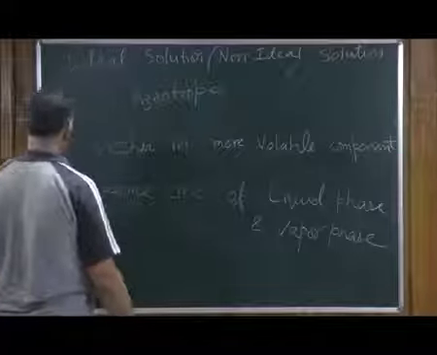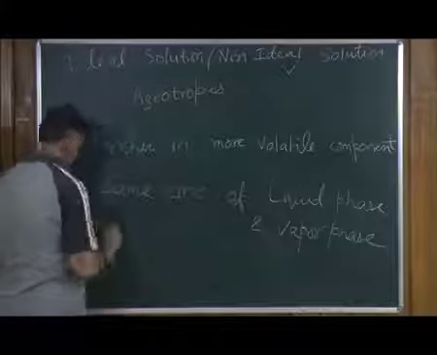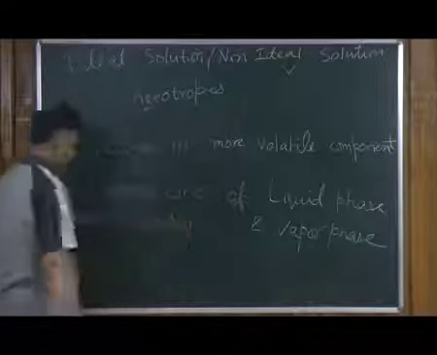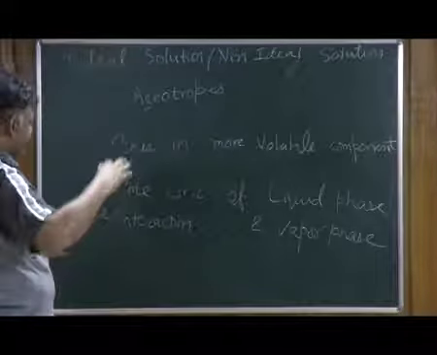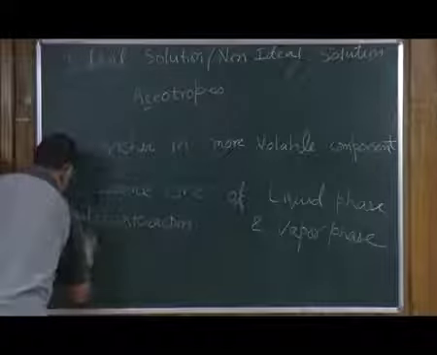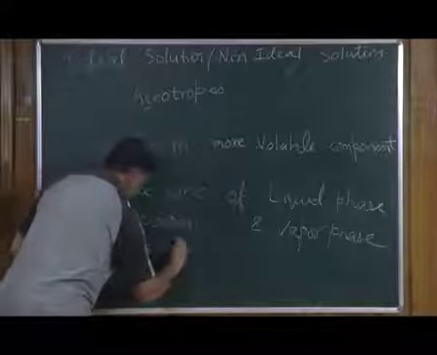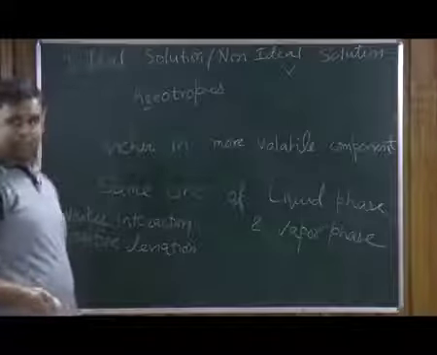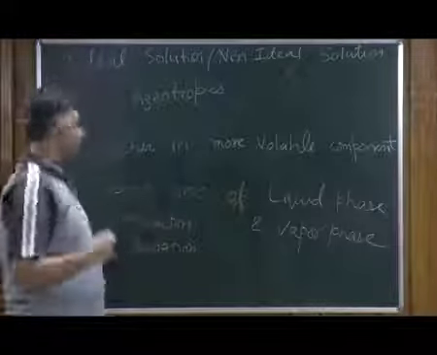So, we have already discussed that weaker interaction between the two components compared to the interaction between component A and A, or component B and B, leads to positive deviation. That is, it has higher vapor pressure than it would have if I calculate the vapor pressure using Raoult's law.